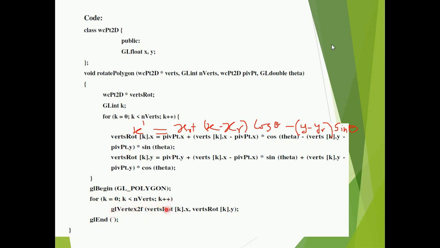One by one you start drawing the points. This is an array, so you take the array values from the previous code, whatever you have generated: glVertex2f(vertexRotatedPoint x, vertexRotatedPoint y).